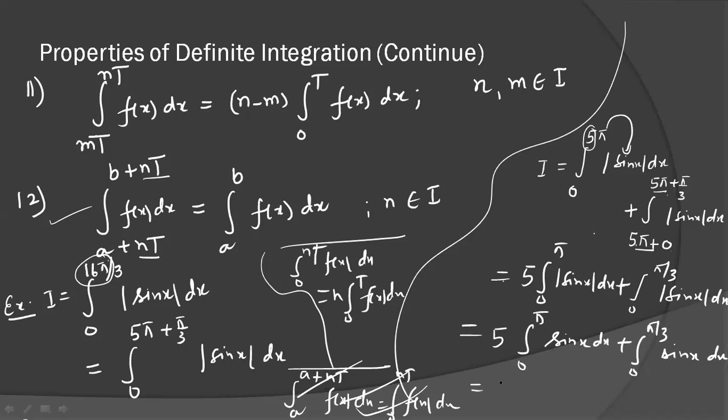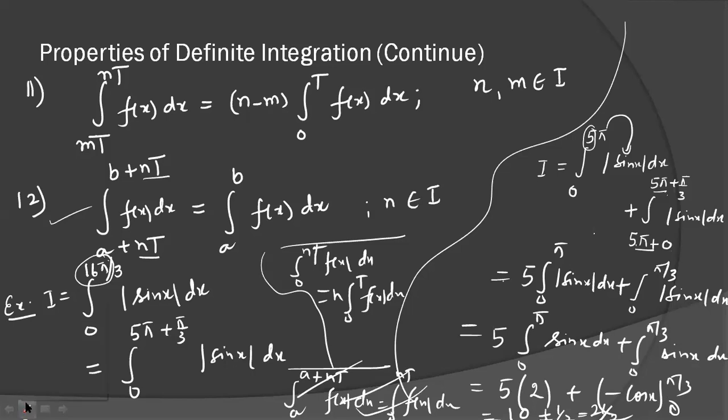If you integrate it, you will get minus cos x. Evaluating, minus cos x from 0 to pi is 2, so this value is 10, and the second value gives you 1 by 2. So ultimately the answer will be 21 by 2. You can simplify it.